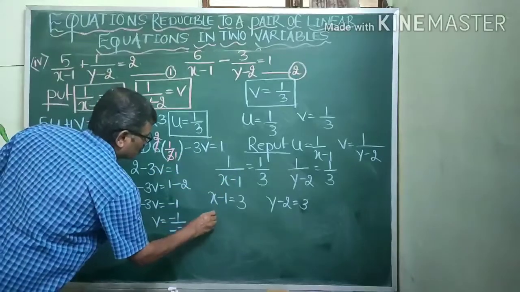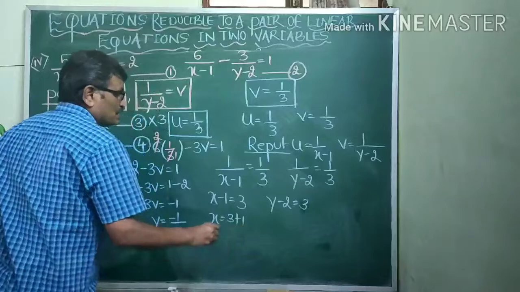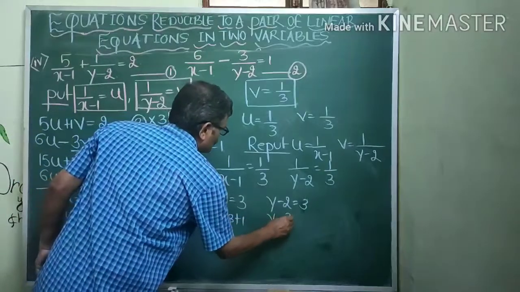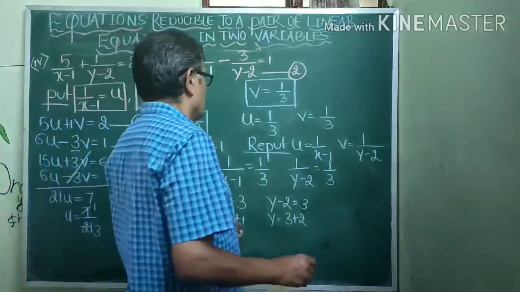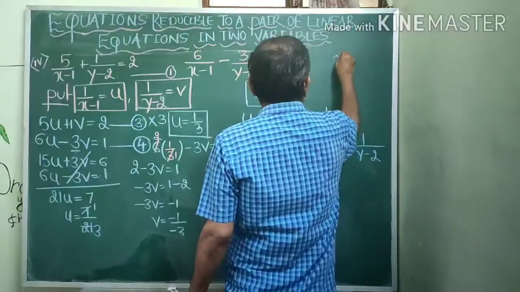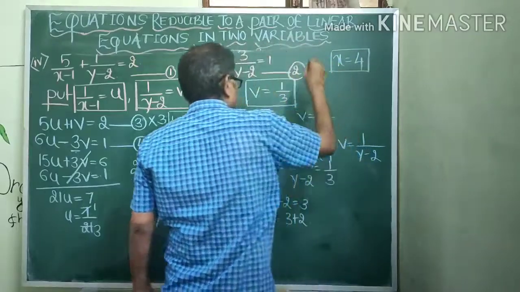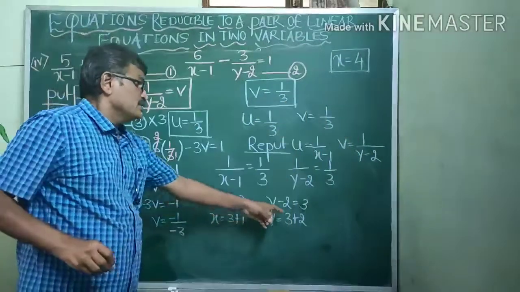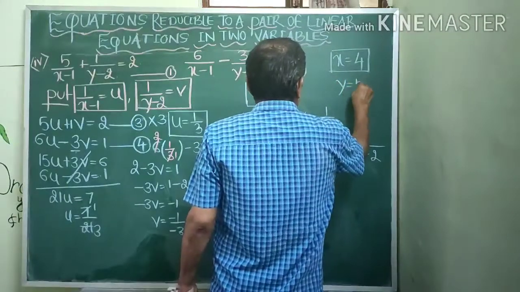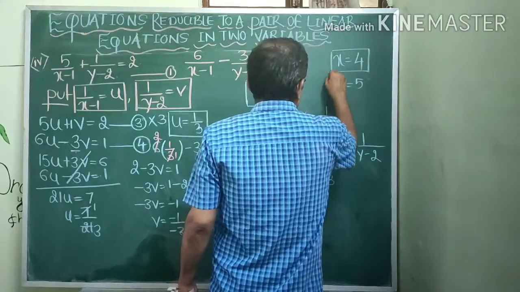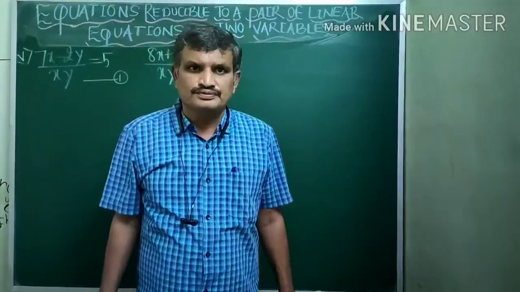So x is equal to 3 plus 1, and y is equal to 3 plus 2. And children, x is equal to 4 and y is equal to 5. So this is the solution for this problem.